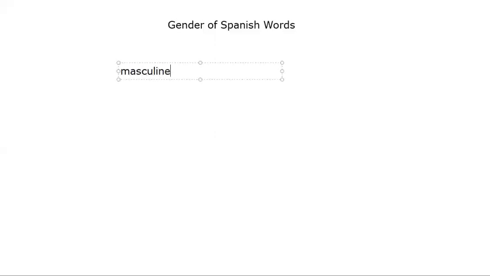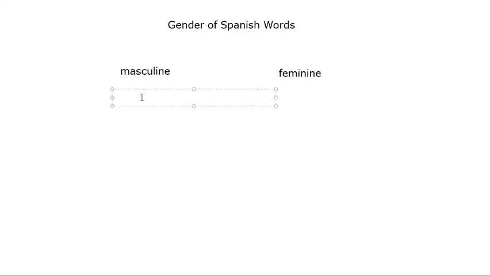So we do have our two categories, masculine and feminine. We have a general rule in Spanish that if a word ends with O, it's going to be masculine. Now that is a general rule.